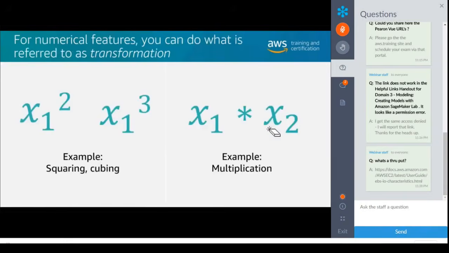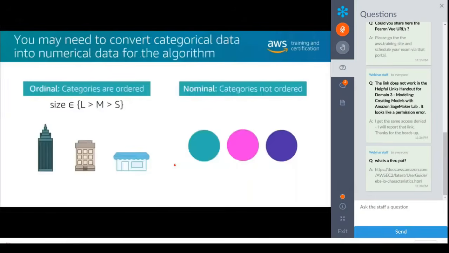So for numerical features, what you can do is some transformation. You might square or cube some data, or multiply it. You may also want to convert categorical data into numerical data, maybe because the algorithm requires numbers for everything. Categories might be ordinal, or they might be nominal.